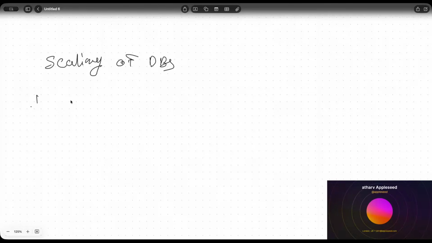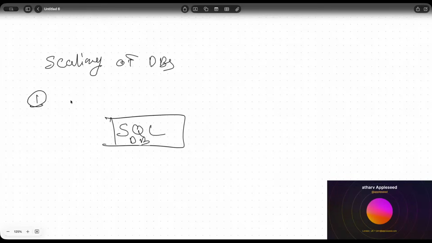So first one is that whatever database instance that we have, let it be Postgres or MySQL or MariaDB, doesn't matter. We will take any generic SQL database, for instance. So this is our SQL DB.